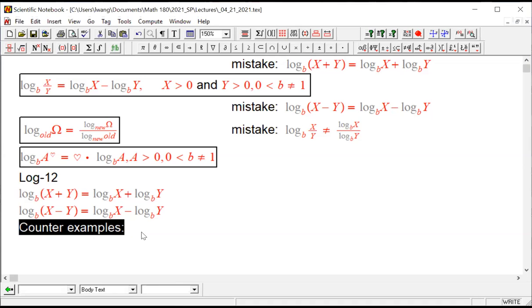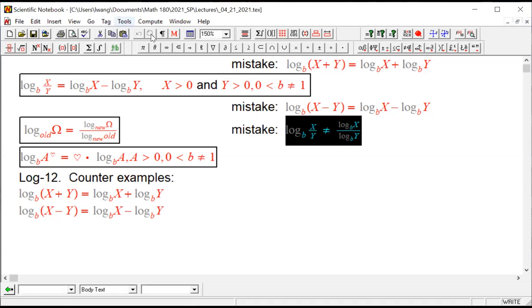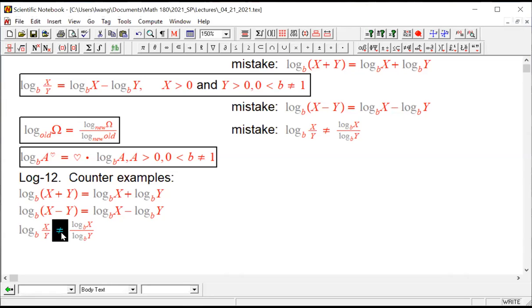Counterexamples basically is demonstrating that these are false. Okay, so I'm going to show you. And this one, the counterexample for that one. Give counterexamples. And there are 4 of them. So we're going to do one at a time.